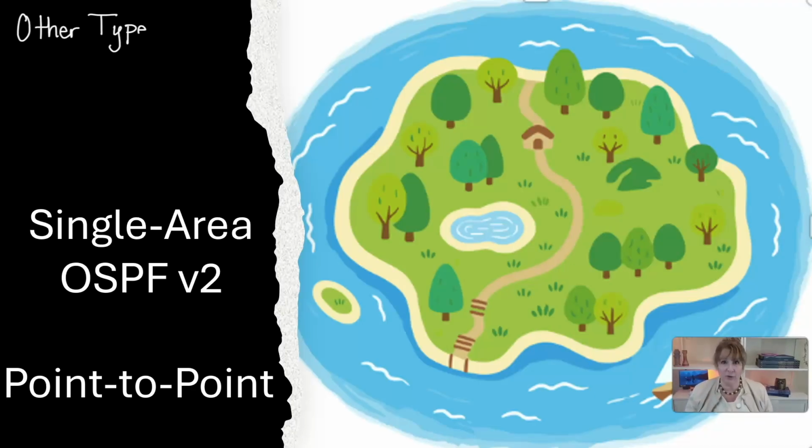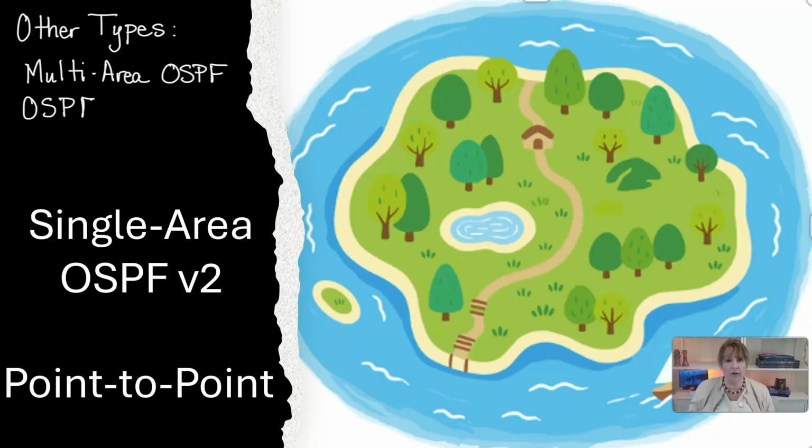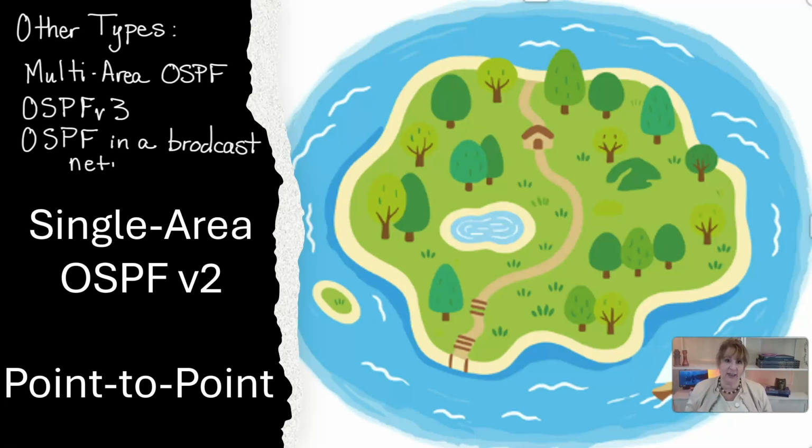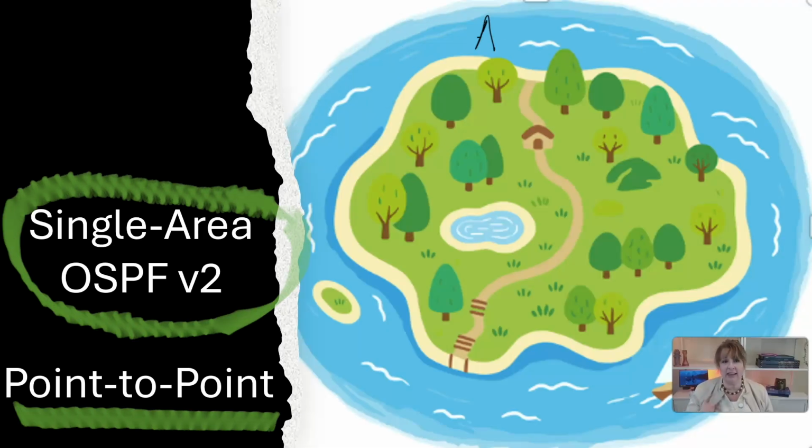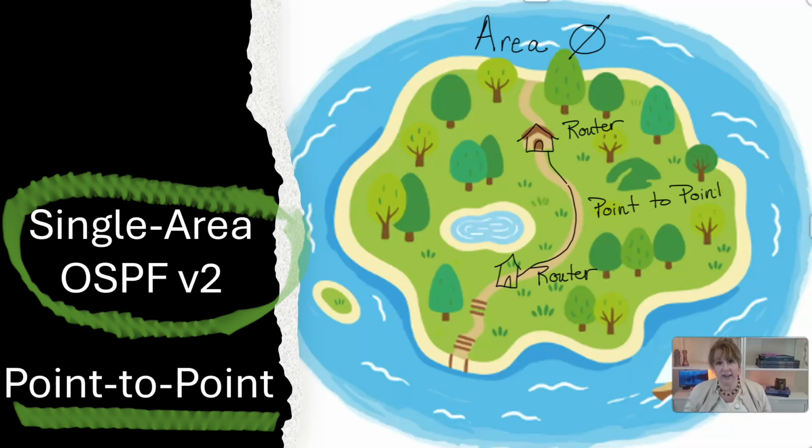For those of you who are aware that the other OSPF versions and configurations exist, I just want you to ignore all of those for now and return to an imaginary time and space where you only need to know the details about single area OSPF v2, where routers are connected by a point-to-point configuration.